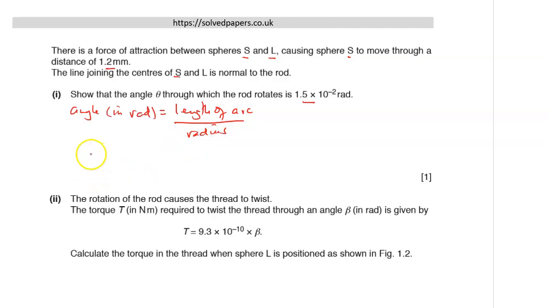Of course, you know this from this equation: theta is equal to s over r. We know that the length of the arc is 1.2 millimeters, which is 1.2 times 10 raised to power minus 3 meters. And the radius of the rotation, we are given right here.